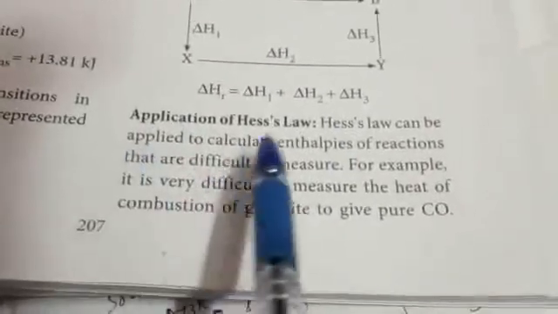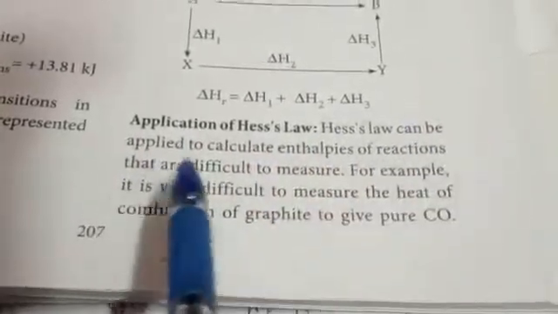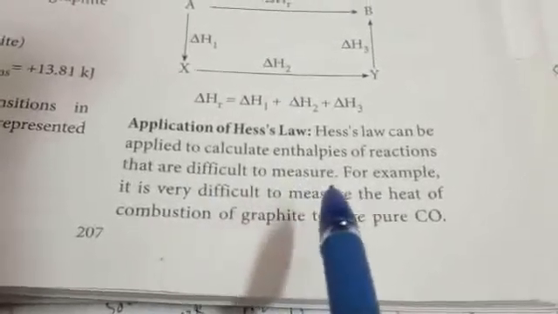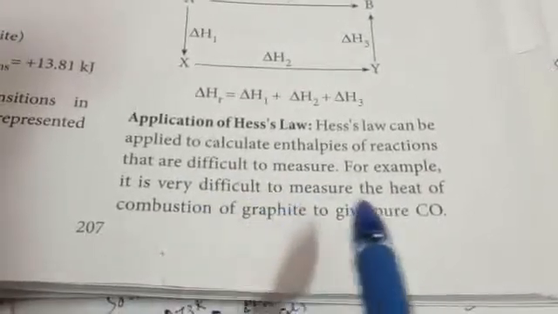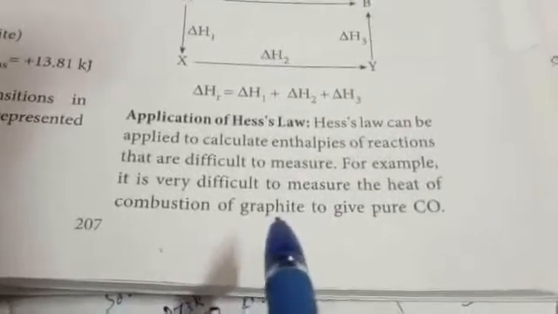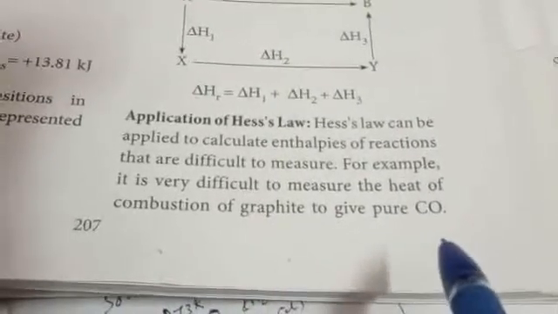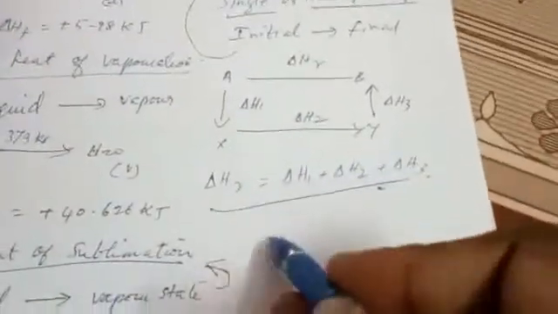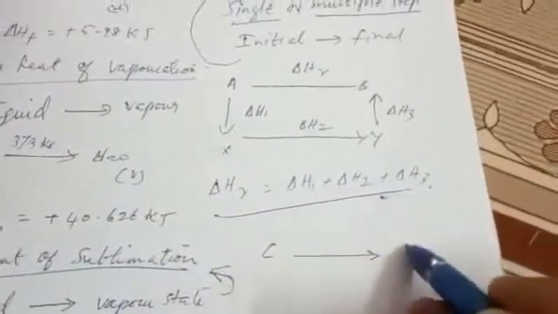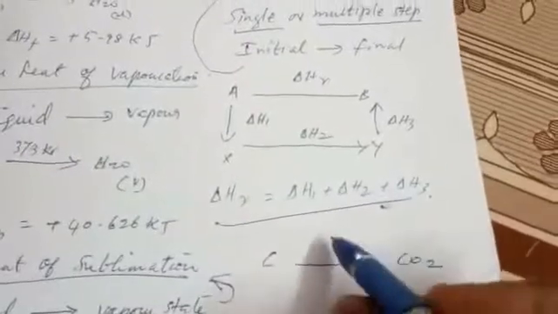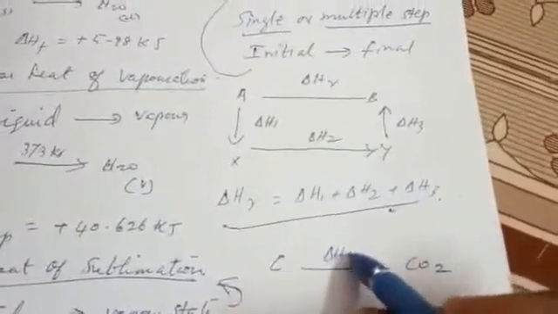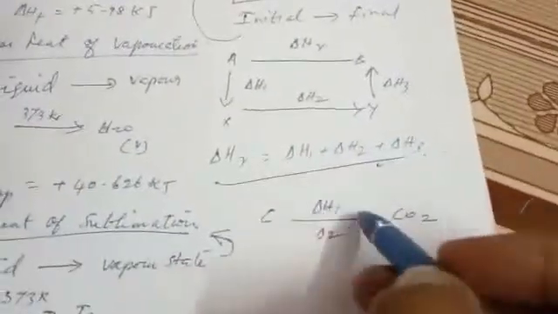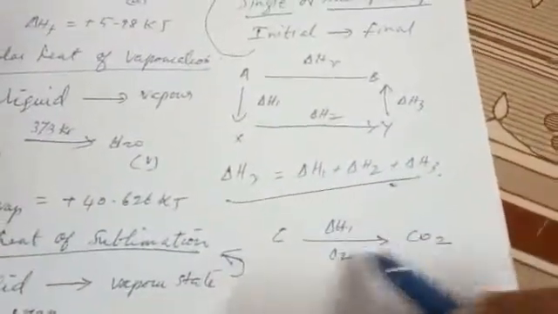Next, application of Hess's law. Hess's law can be applied to calculate enthalpy of reactions that are difficult to measure. For example, it is very difficult to measure the heat of combustion of graphite to give pure carbon monoxide. Carbon to carbon dioxide with O2 is delta H1, a single step.